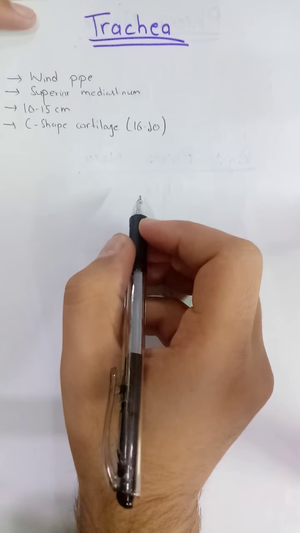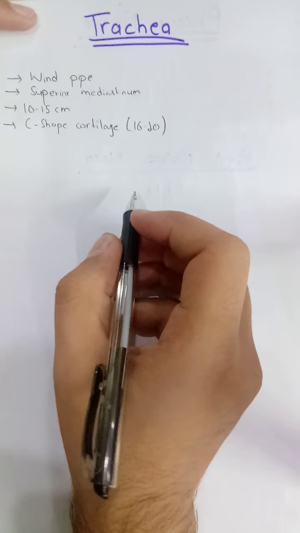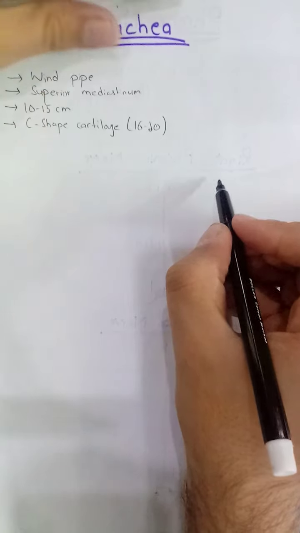Now we will first see the trachea in the form of a diagram, and then we will see its arterial, venous and lymphatic drainage, etc. We will draw it here.